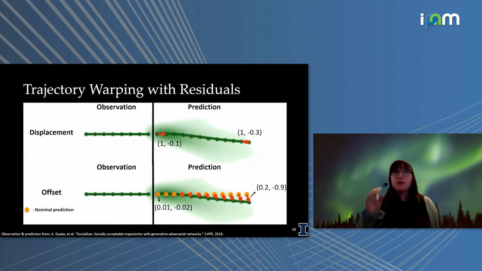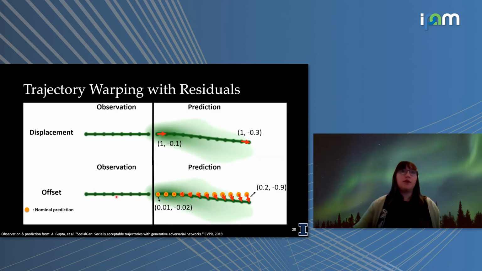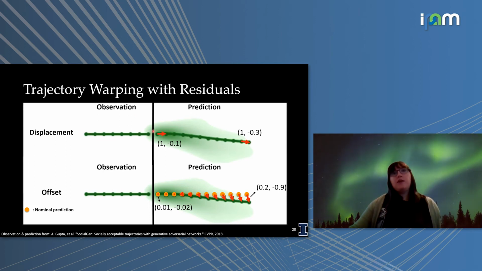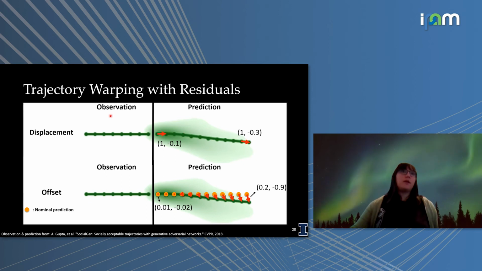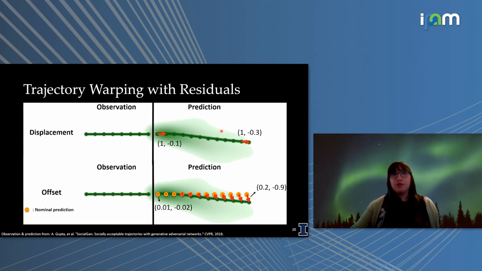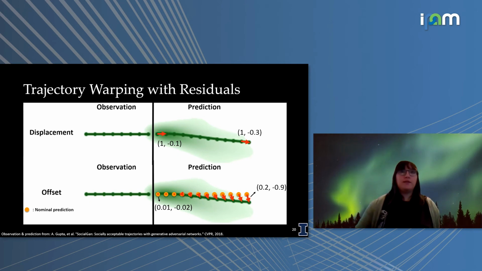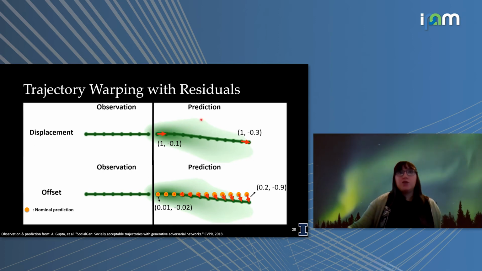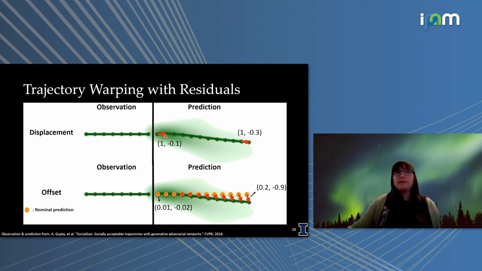Often when you think about a learning-based approach for trajectory prediction, you have some observation window, and then you have your prediction forward. One of the really common things to do is take a displacement approach. So instead of learning these global trajectories, you can unify what you're trying to learn by just learning the step-by-step displacements.